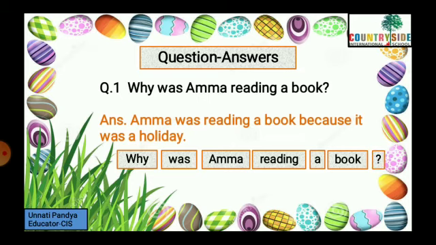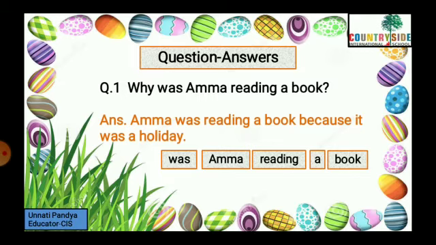After this, which are the things that we are going to drop? We drop why and we drop the question mark. So now we are left with the words, was Amma reading a book? Right? Now, in order to frame the answer correctly, should we say was Amma reading a book or should we say Amma was reading a book?